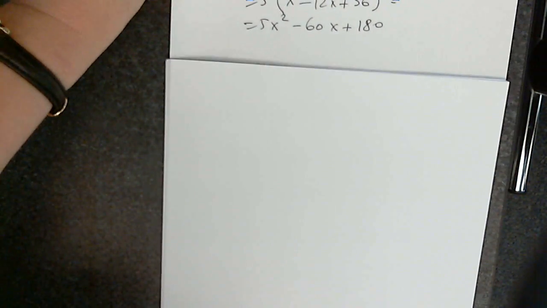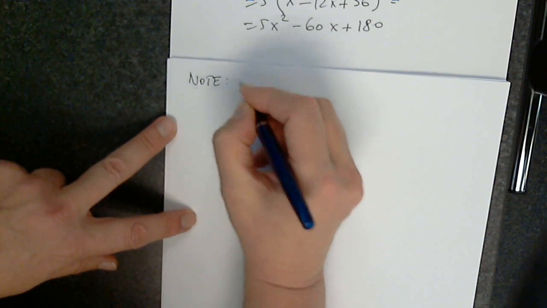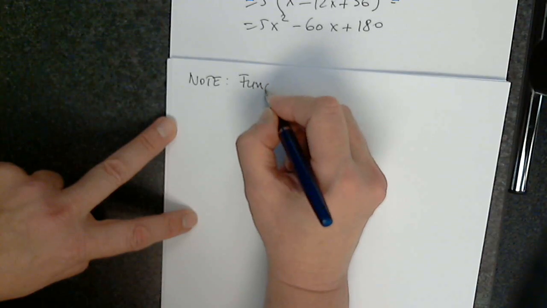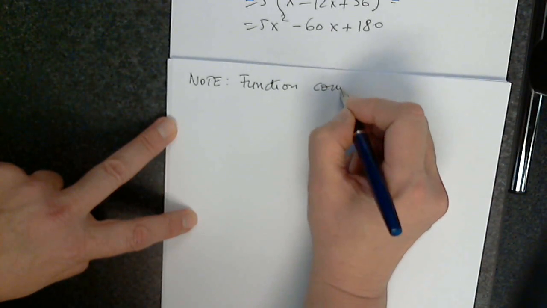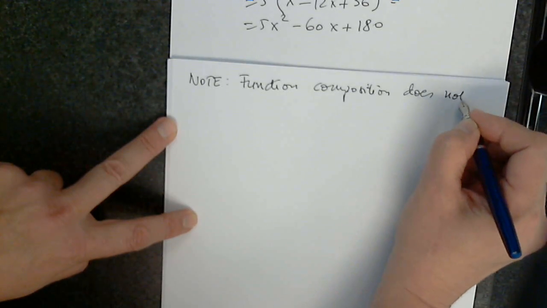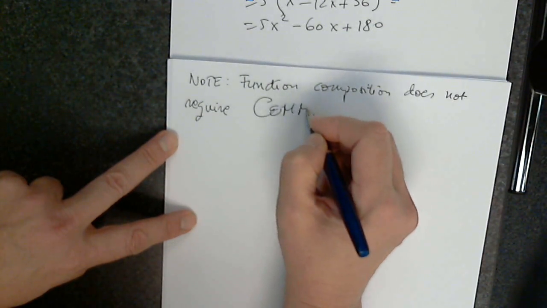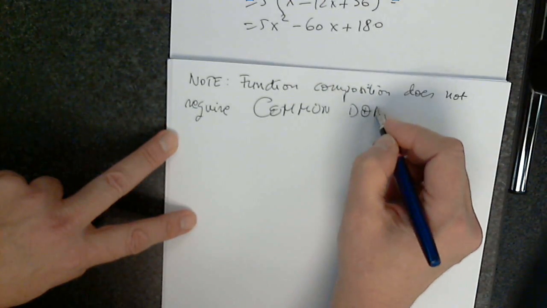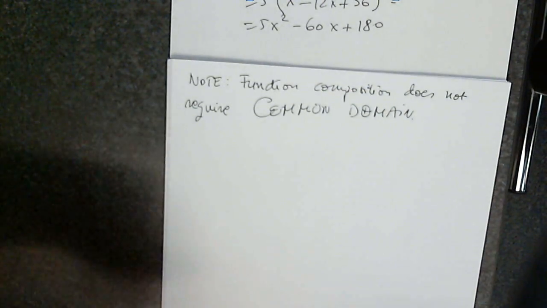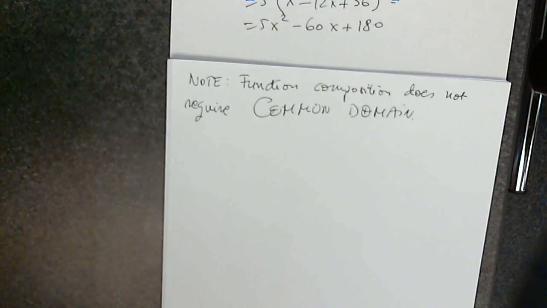When we talk about function composition, I'm going to write this down. Note: function composition does not require common domain. Do not ever talk about common domain when it comes to function composition. It means nothing.